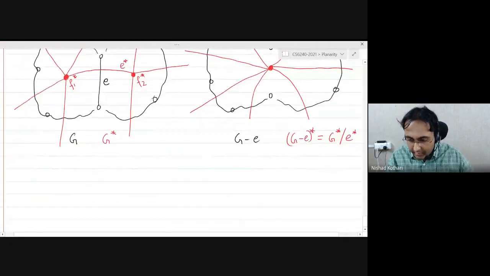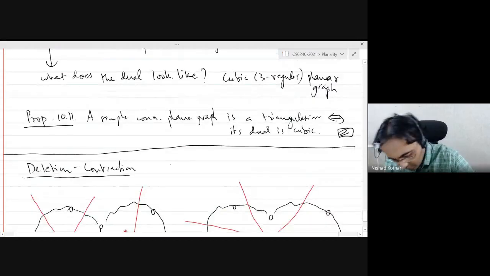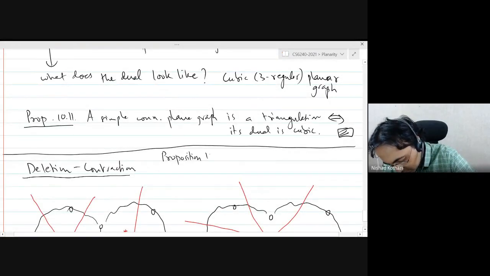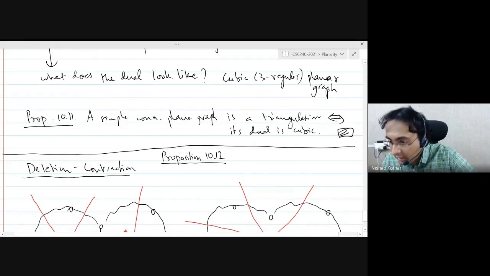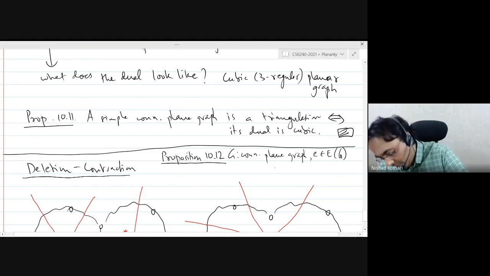Okay, so that brings us to a proposition. Let me state it here because I want to make more drawings. If G is a connected plane graph and E is any edge of this graph G. Oh, okay, the proposition is actually saying that it is not a cut edge.